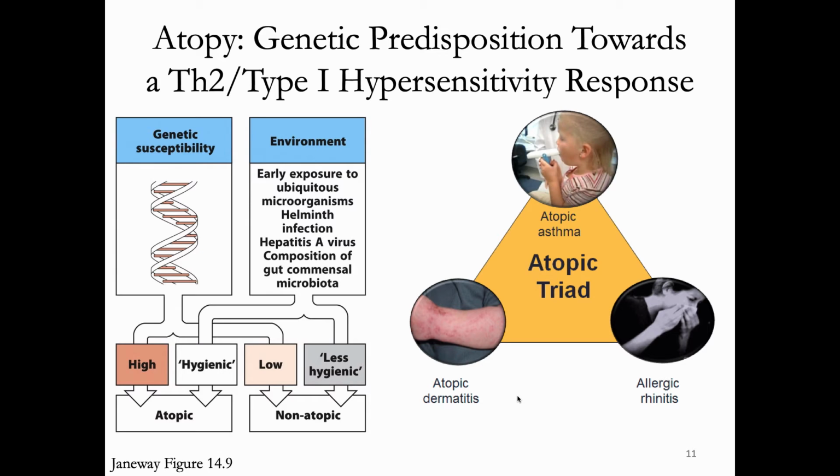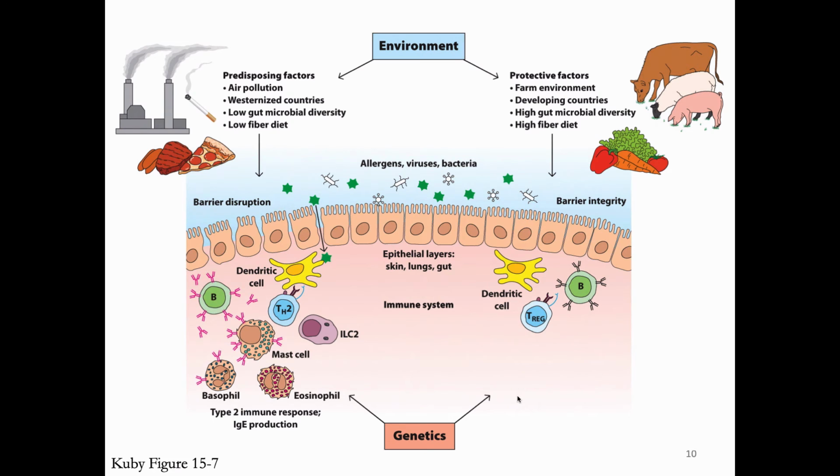Yes? So back on the other side, you were talking about the hygiene hypothesis, the viruses and also the food particles that cause allergies. What would go against the hygiene hypothesis then? Because if you have a clean environment, you wouldn't have these viruses and bacteria, so you wouldn't get this. Right, so those are predisposing. So the hygiene hypothesis says that a dirty environment... If you have a dirty environment, you have more virus and bacteria.